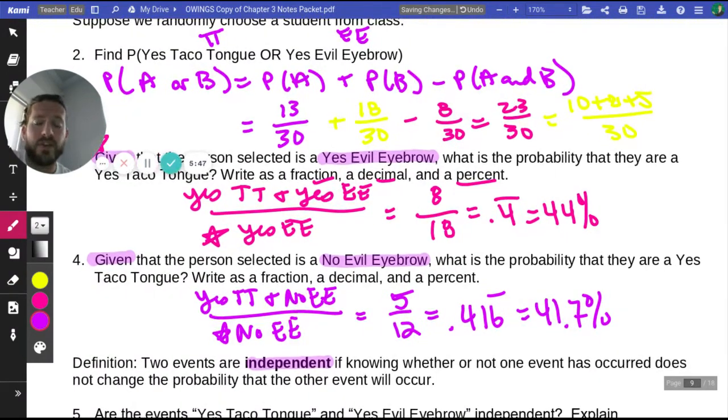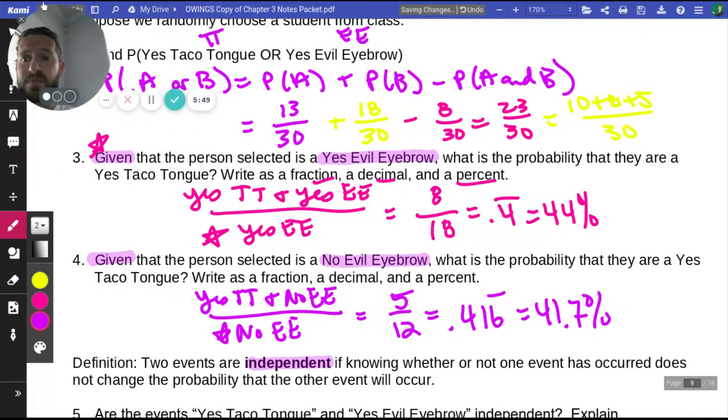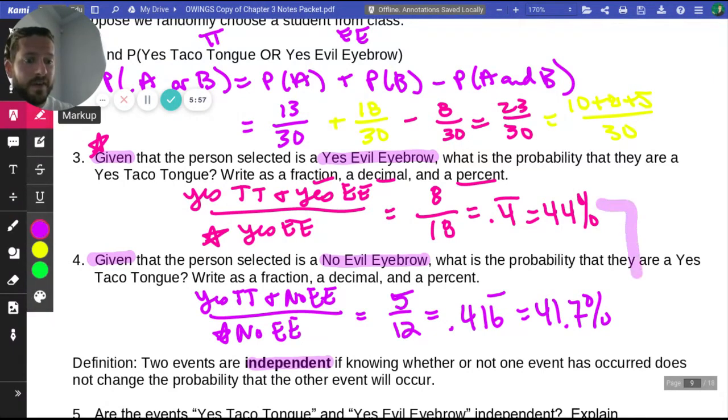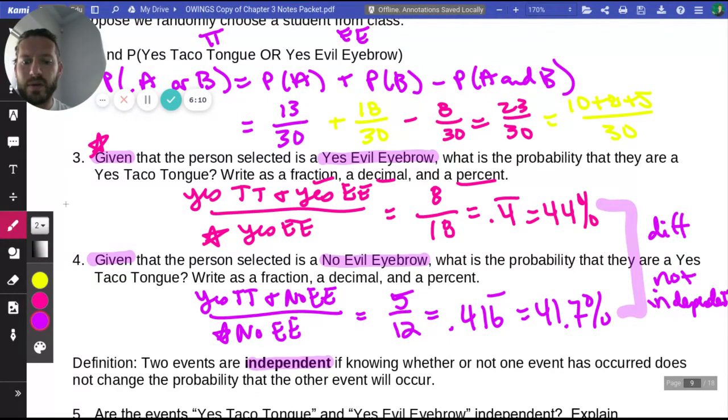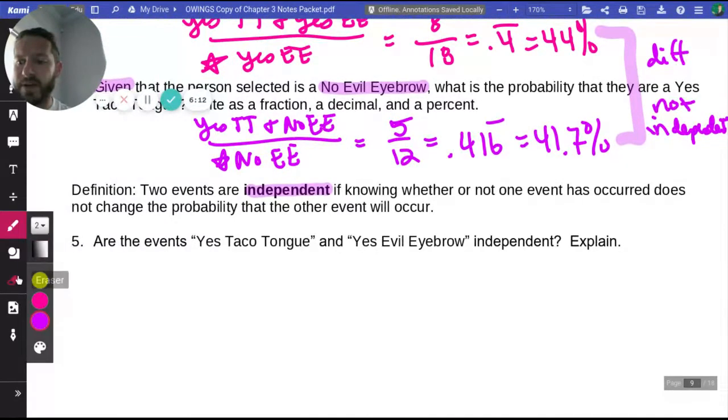So if these two events were independent, meaning that one didn't affect the other, then these should be the same, but they're a little different. They're not very far off, but they are different by about 2%. So that means that these events are not independent. And that's what we're going to write down on the bottom here.